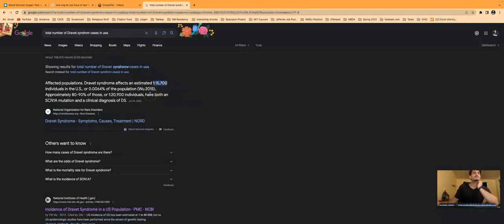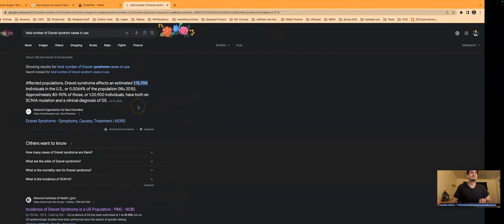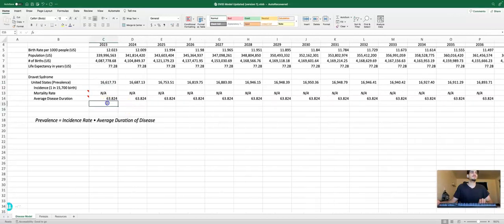1 in 15 individuals in the US. So this is another of the US population. Let me see if this one works. So it's actually going to be 0.0064% of the US population. Right? So let me see if this actually works.